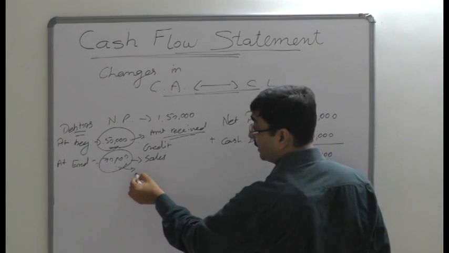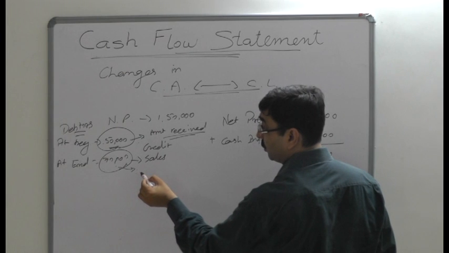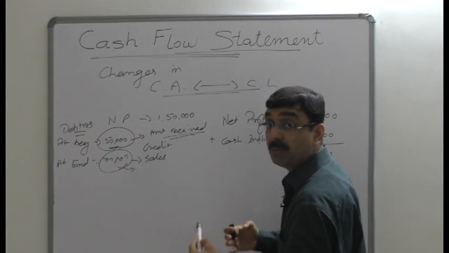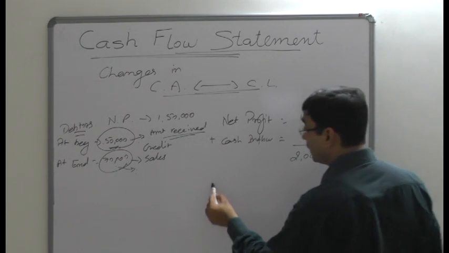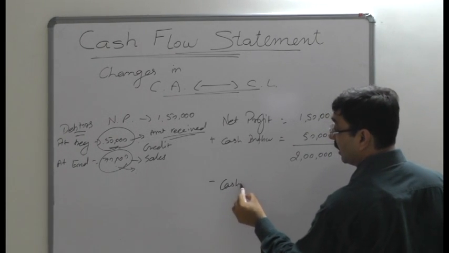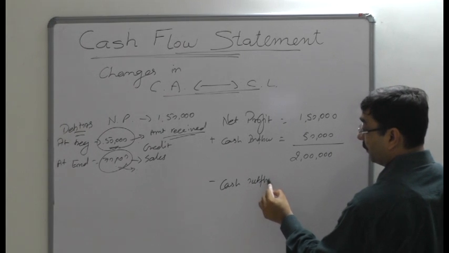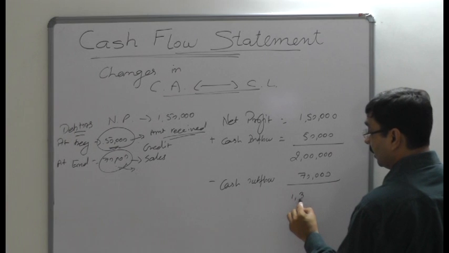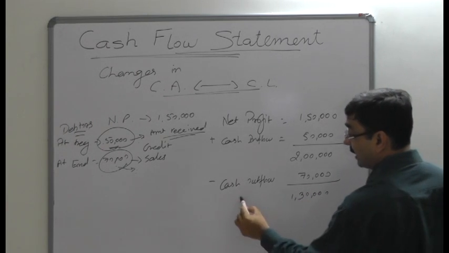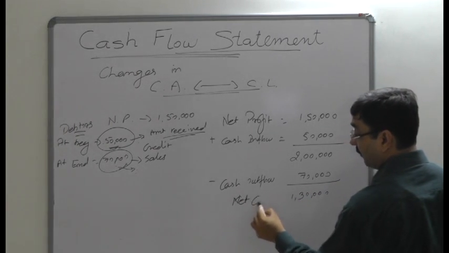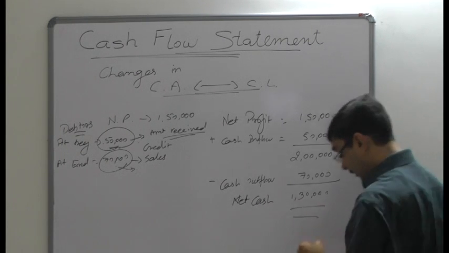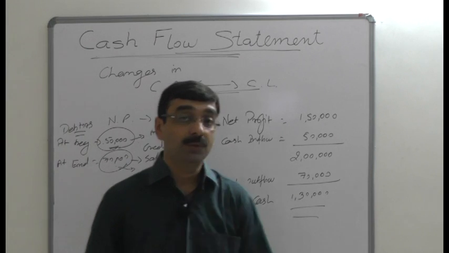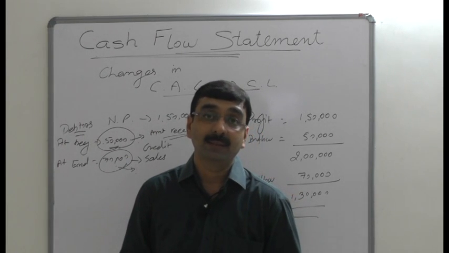And the credit sales made during the year, 70,000 rupees, are not received yet. That means the amount may be received in the coming days. That is cash outflow of rupees 70,000. It means the net cash inflow out of this transaction is 1,30,000.